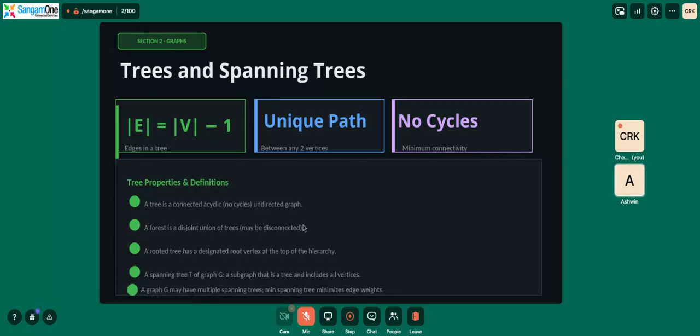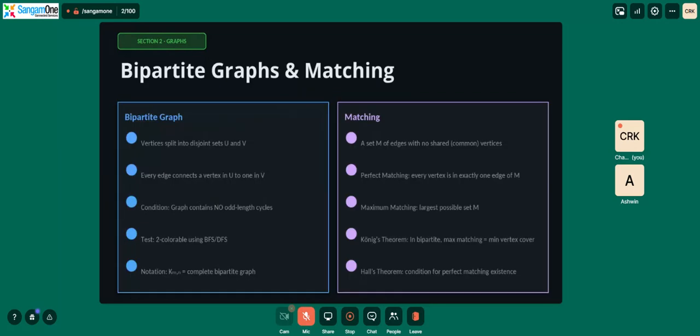A spanning tree of a graph G is a subgraph that is a tree and includes all vertices. A graph G may have multiple spanning trees. A minimum spanning tree minimizes the total edge weight. You should also remember all these properties. Next, moving on to bipartite graphs and matching.